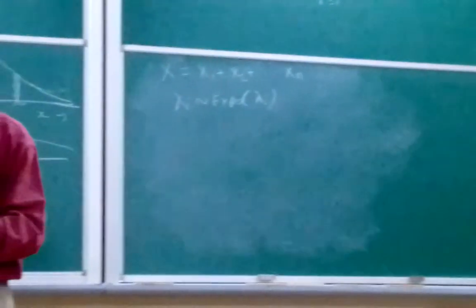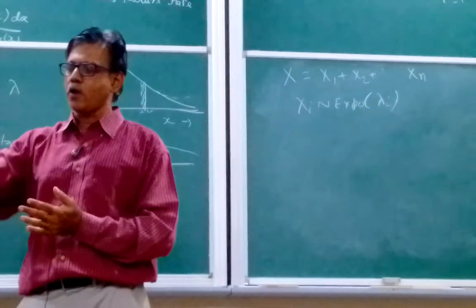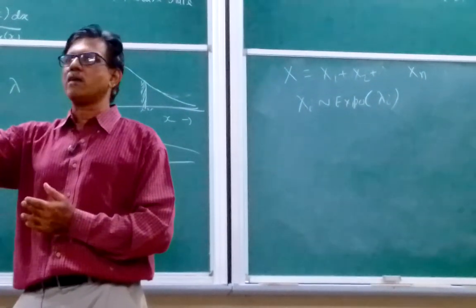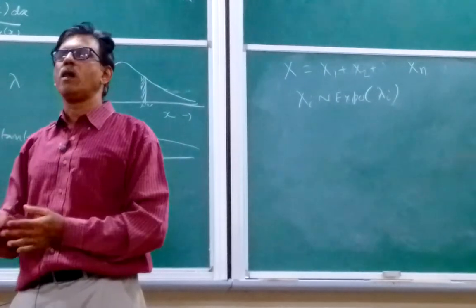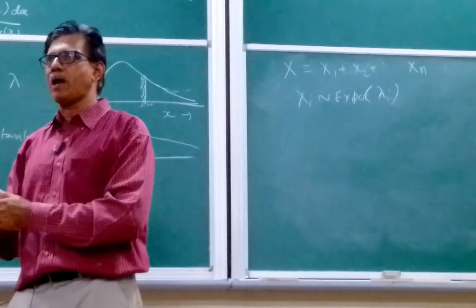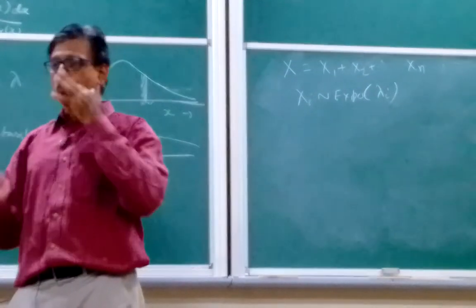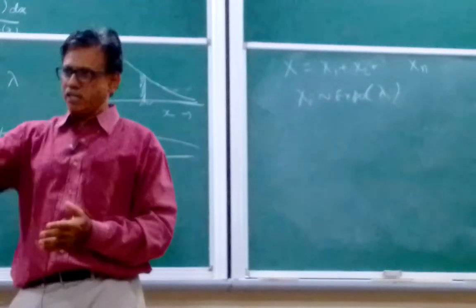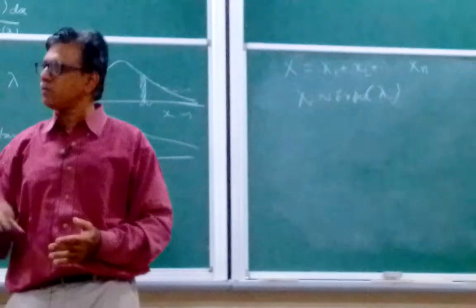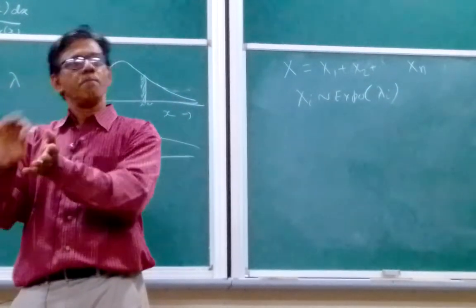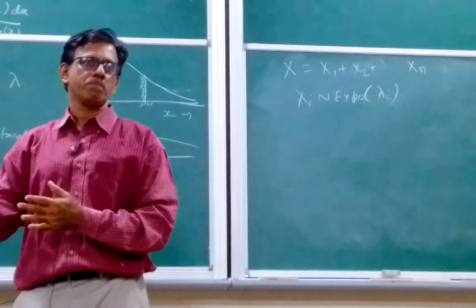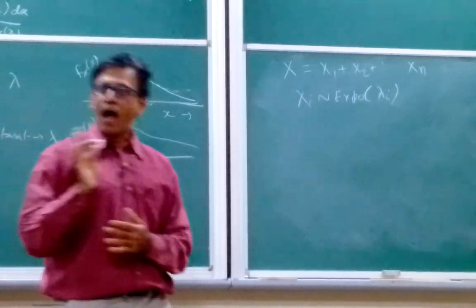For example, if you walk into an office where you have to face n clerks to get service from each one of them, and their service times are all IID random variables with the same parameter lambda, then the total time you spend is Erlang. But each station or each service may take different time, and it is not identical.